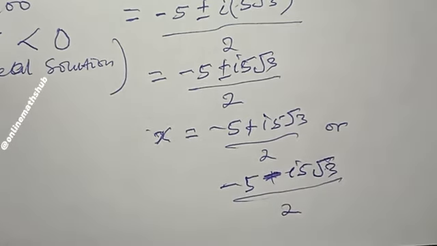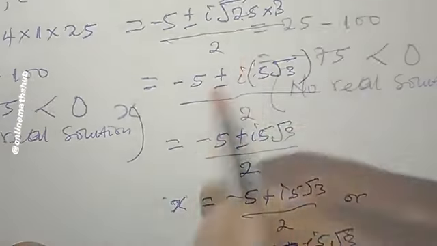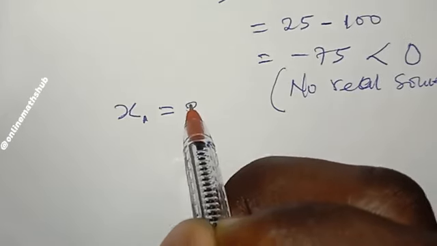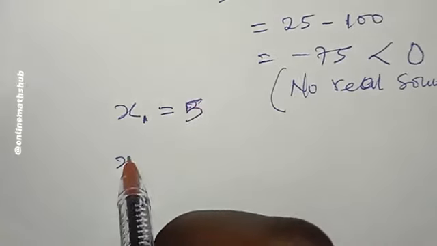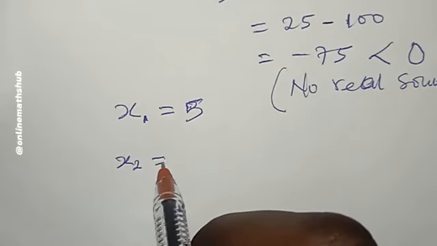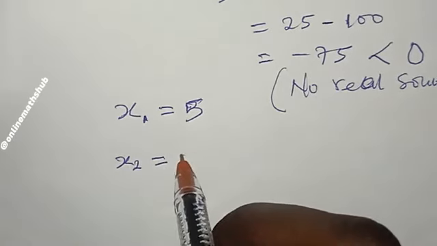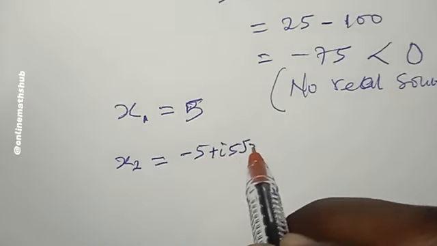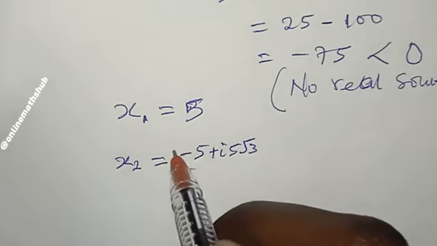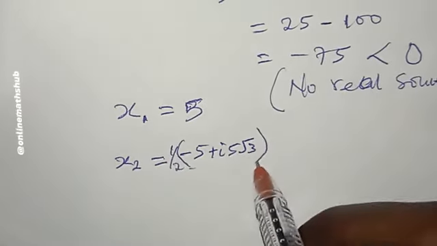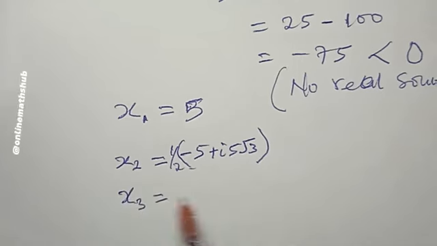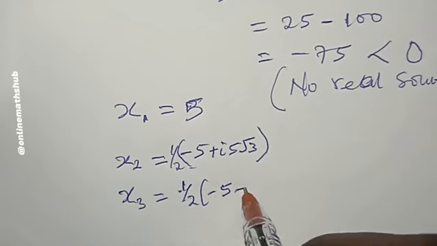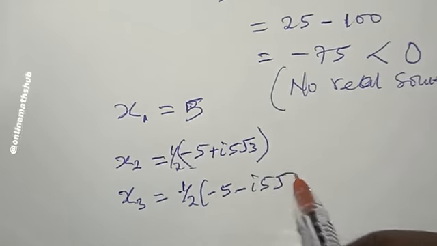So these are the values of x, and of course if you want to write it out, if we term the first one x1, the second x2 will be equal to minus 5 plus i 5 root 3, divided by 2, and x3 will be equal to 1 over 2 times minus 5 minus i 5 root 3.